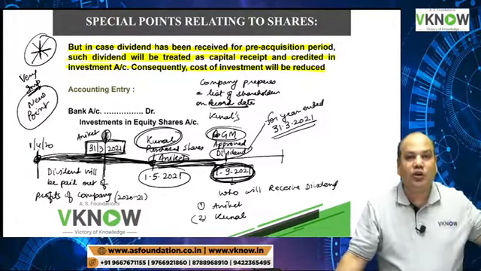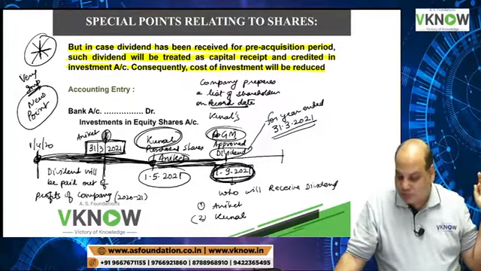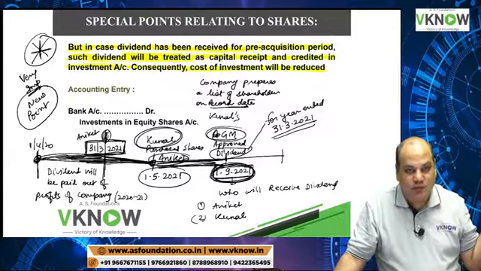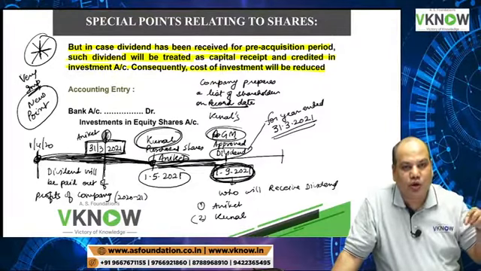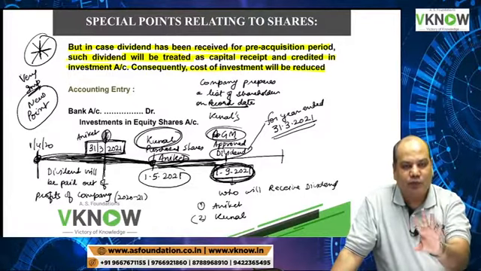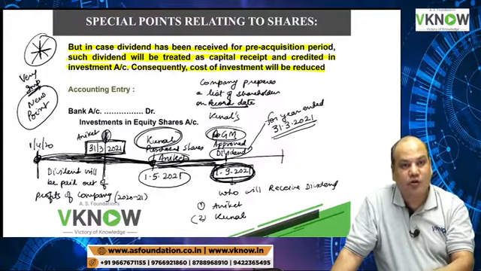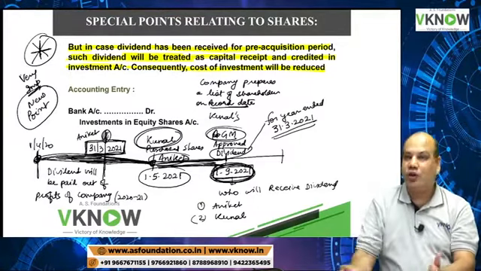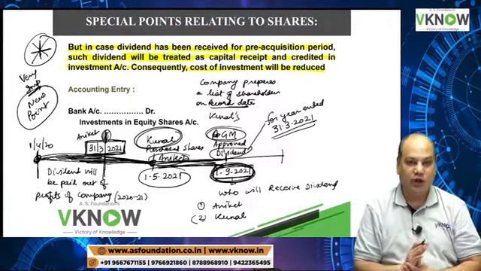The company will not go and check who was the shareholder on 31st March 2021. The company will see who is the shareholder on the record date. So Kunal will get the dividend.